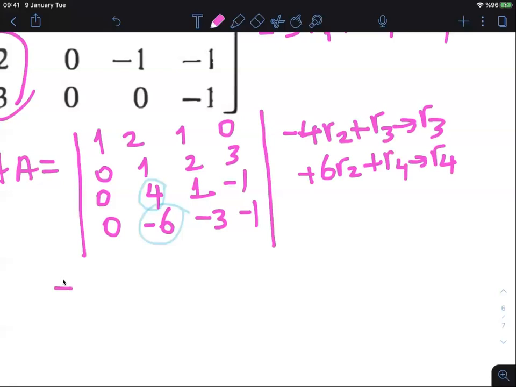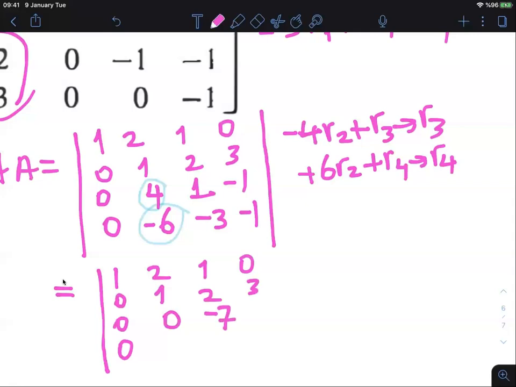After these operations, what do I get? I get 1. So this becomes 2, 1. This becomes, okay, let me write first these entries. This is 0, minus 8, minus 7, minus 12, minus 13, right?